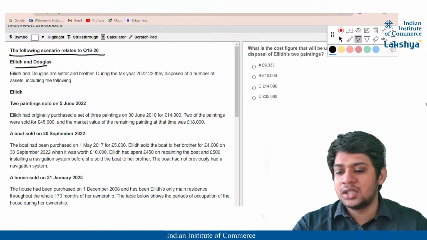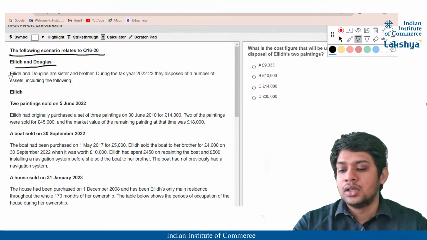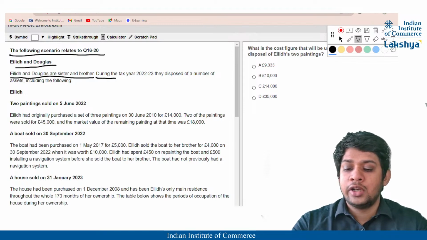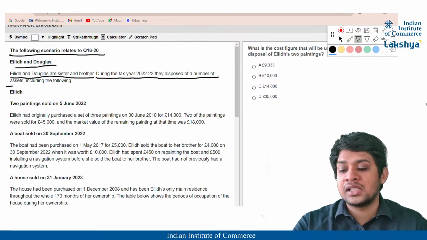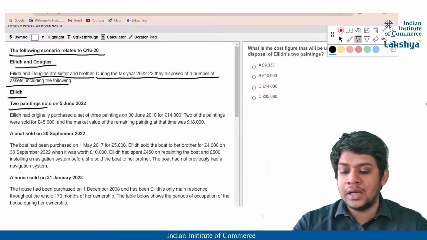Elidith and Douglas are sister and brother. During the tax year 2022-23, they disposed of a number of assets, including the following. Elidith has disposed of 2 paintings sold on 5th June 2022.